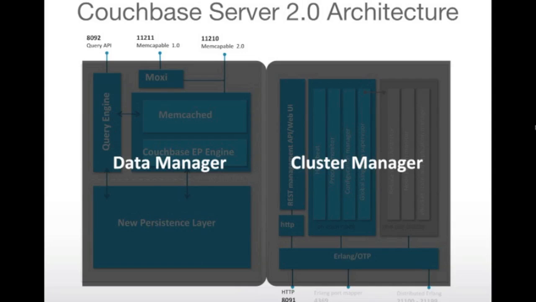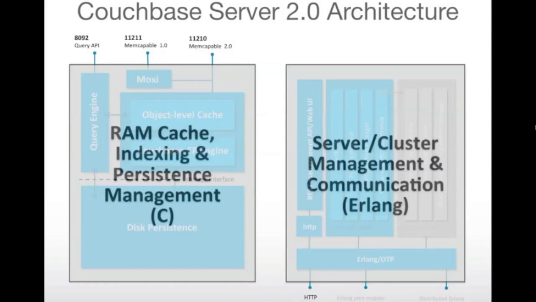Those are for the binary operations. Port 8092 is for our view querying, our index querying, and our administration port is port 8091. The data manager is written in C. That's where the RAM cache, indexing, and persistence are all taken care of. The server and cluster management is all in Erlang.